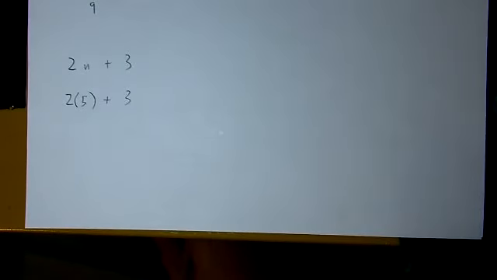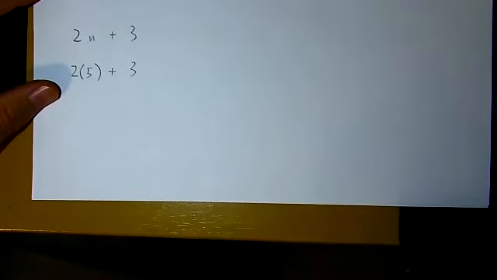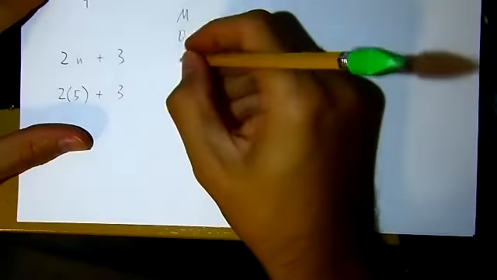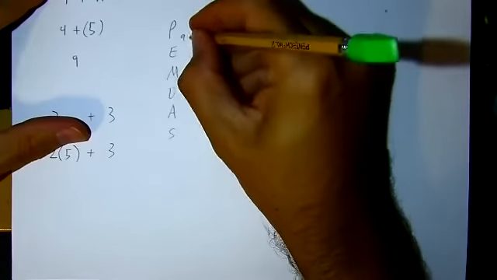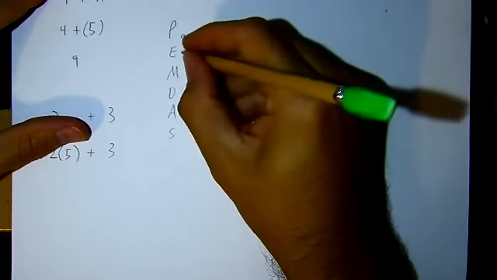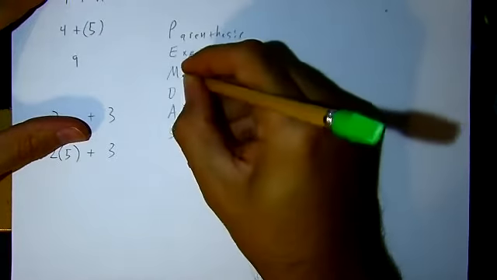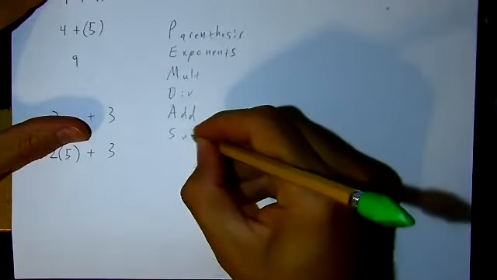So the expression looks like this once you substitute 5 in for n. PEMDAS, in case you don't know, P-E-M-D-A-S. Some people say, please excuse my dear Aunt Sally to remember it. Stands for parentheses, exponents, multiply, divide, add, subtract.